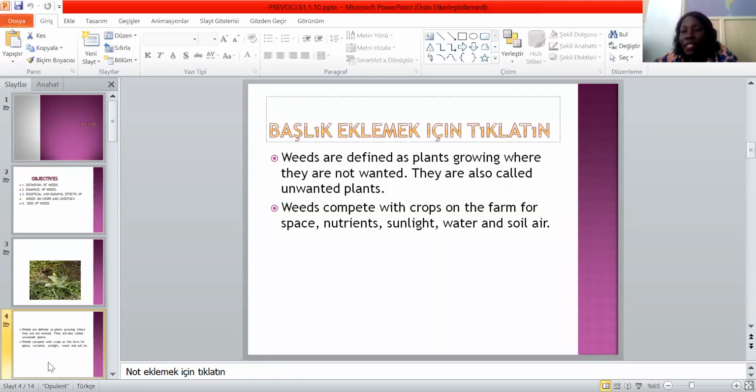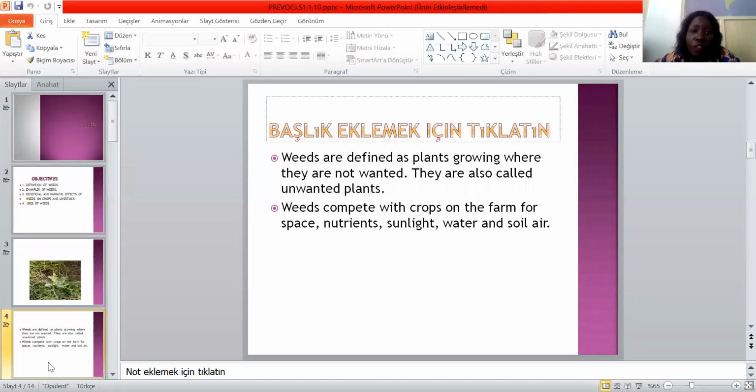If you have a cassava farm and there is maize growing, that maize is referred to as weed because you didn't plant it. So weeds are unwanted plants, or plants that grow where they are not wanted, or that grow where they are not planted. Weeds compete with our crop for so many things.